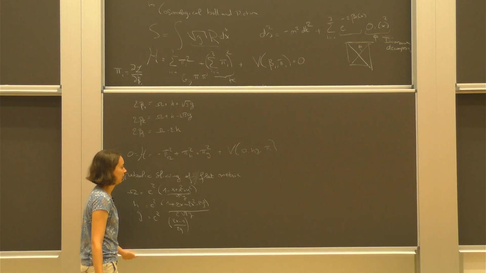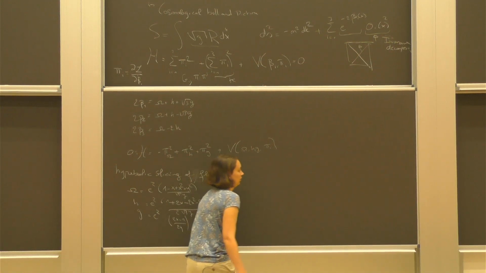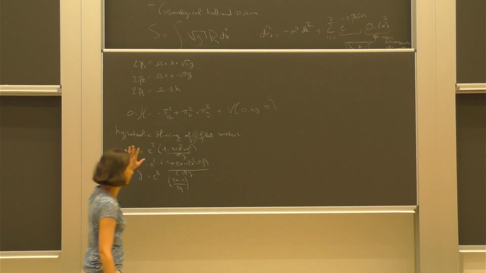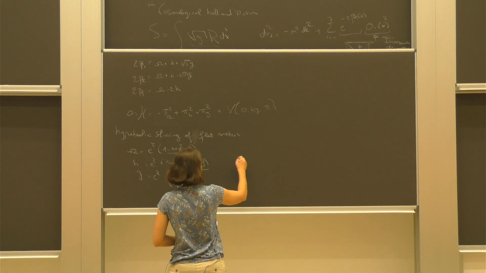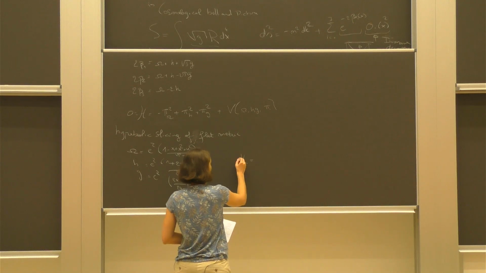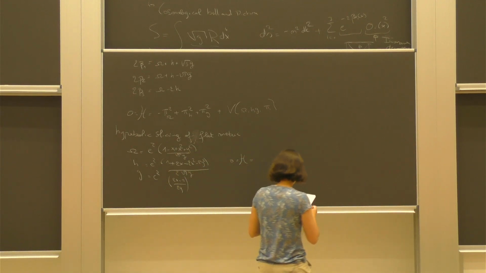Okay, so if you do this type of coordinate transformation, this Hamiltonian gets the following form.